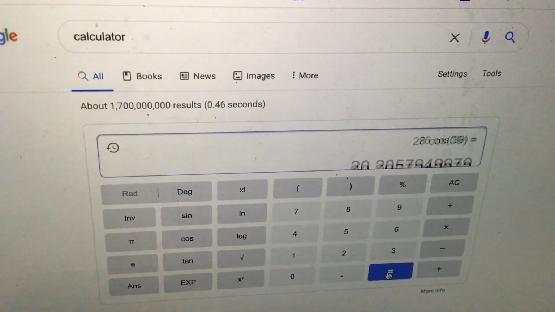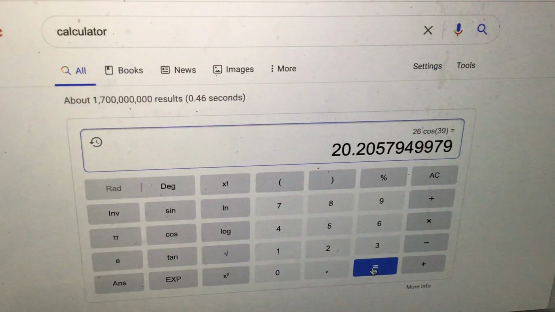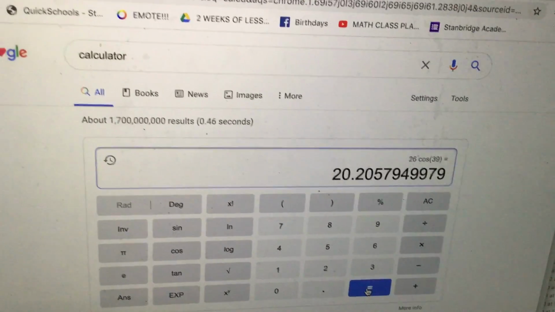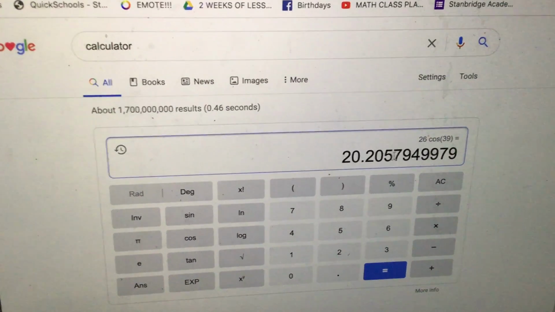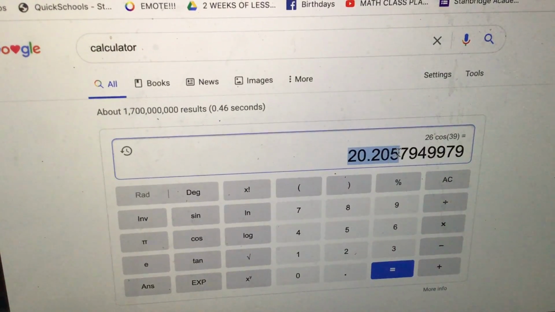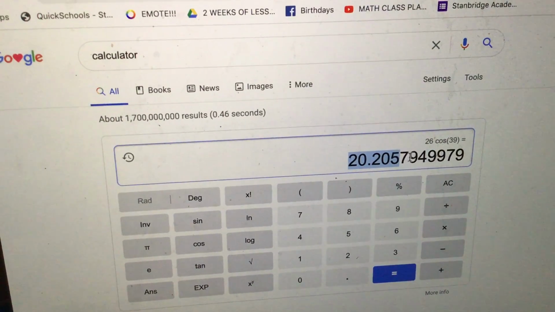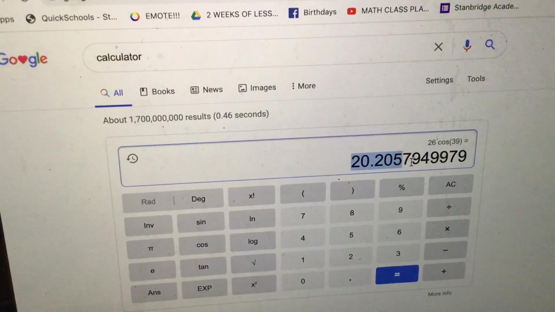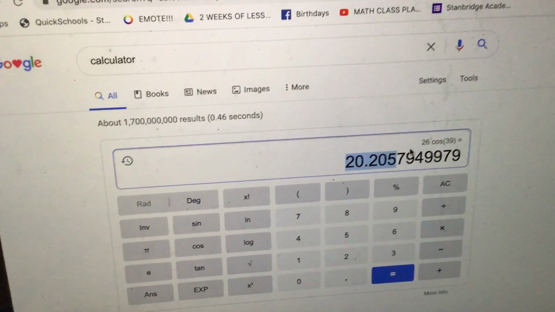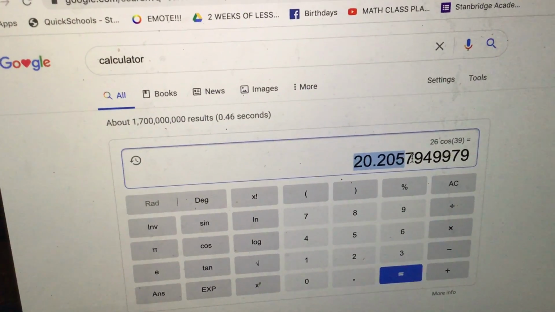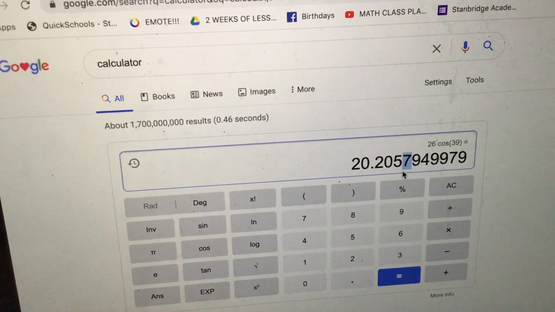Degrees, awesome. And that's going to get me 20.2057, and so on. But remember, I care about the first 3 decimal places, so that 205 rounds up to 0.206, because that 4th decimal place is 5 or more. If it's 5 or more on the 4th decimal place, I'm going to round up.